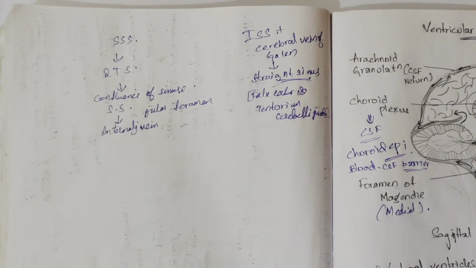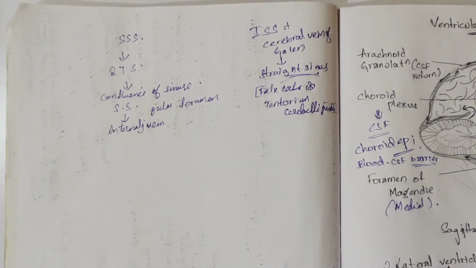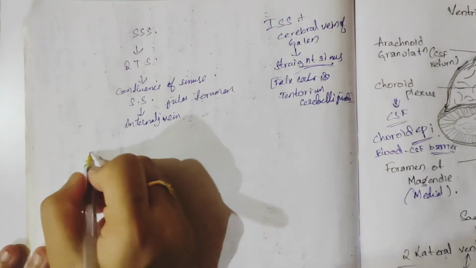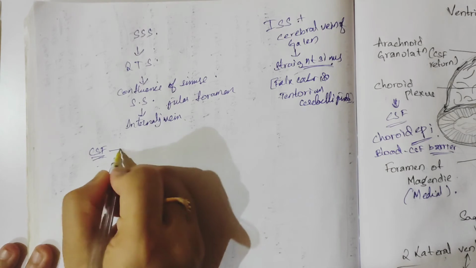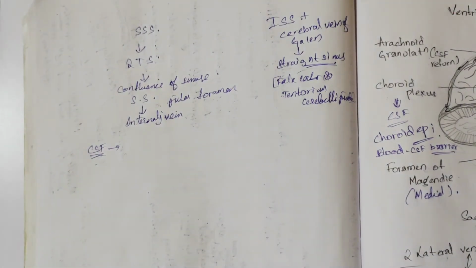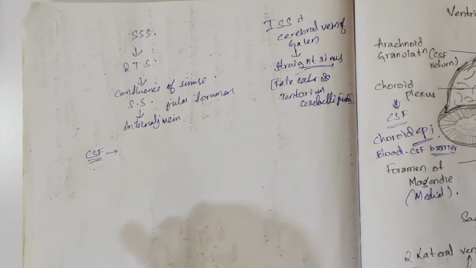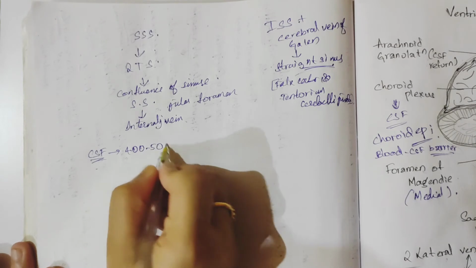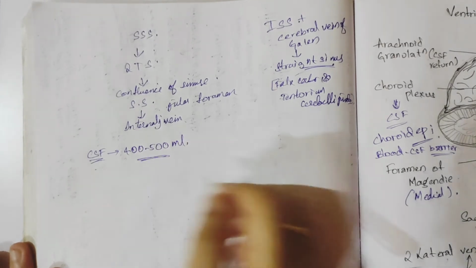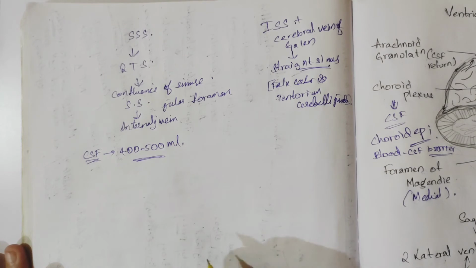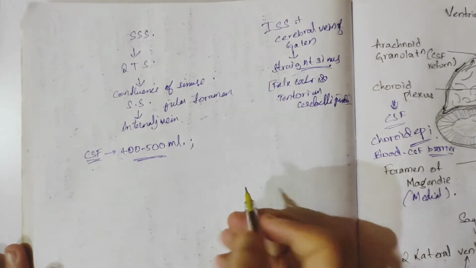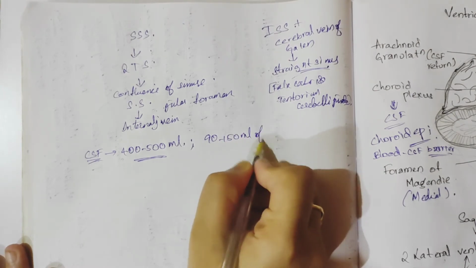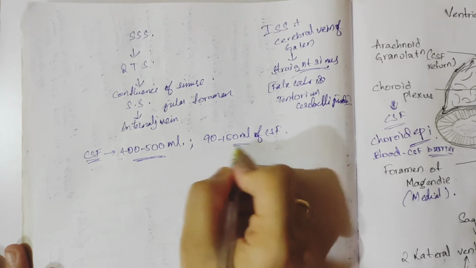And now let's talk about the cerebrospinal fluid amount, how much is present, its distribution and circulation. This CSF, as we know, is secreted by the choroid plexus, almost 400 to 500 ml produced daily, but an average adult has 90 to 150 ml of cerebrospinal fluid, with 25 ml in the ventricles.